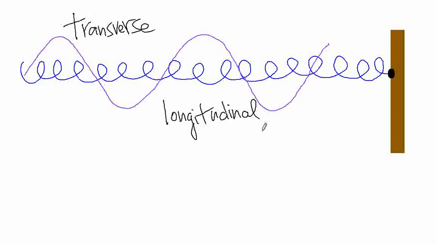All right. Now, let me give you some examples of transverse and longitudinal waves. Okay? So, an example of a transverse wave is a light wave. All right. Now, light might seem a little bit mysterious.